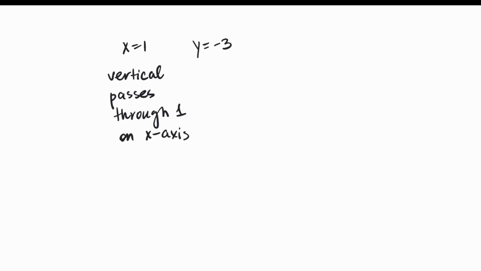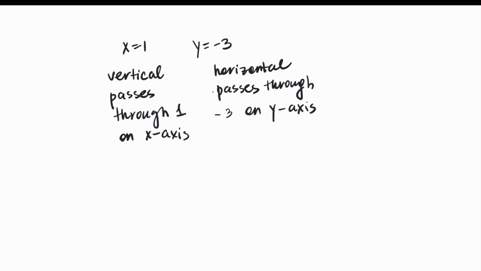The other one, y equals negative 3, is horizontal, and it passes through negative 3 on the y-axis. The slope of any vertical line is undefined, and the slope of a horizontal line is always 0.